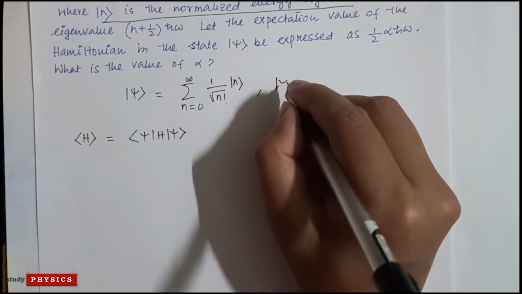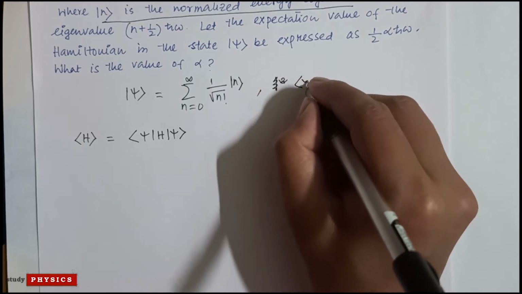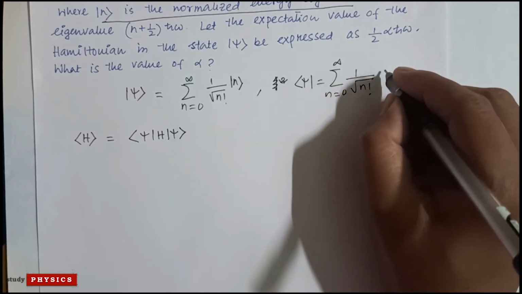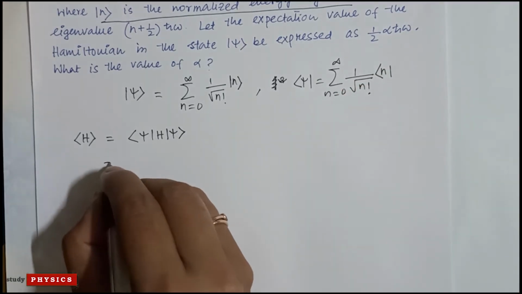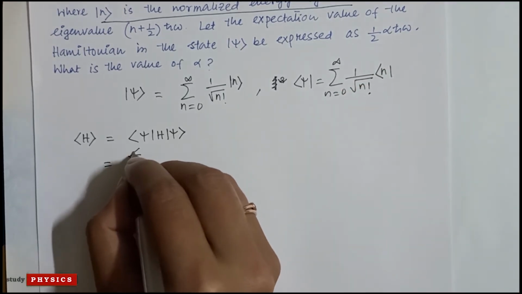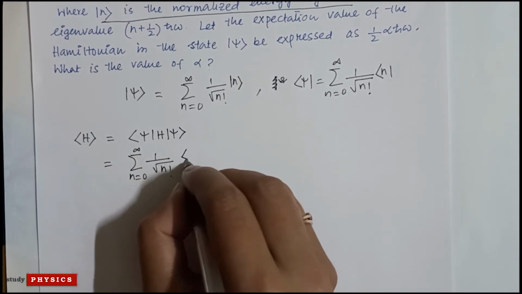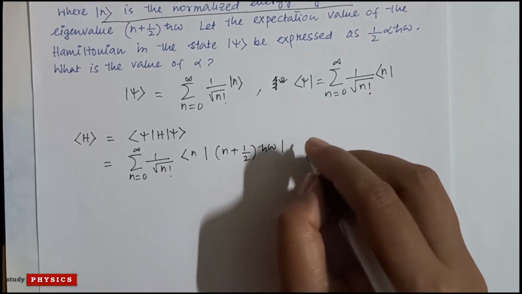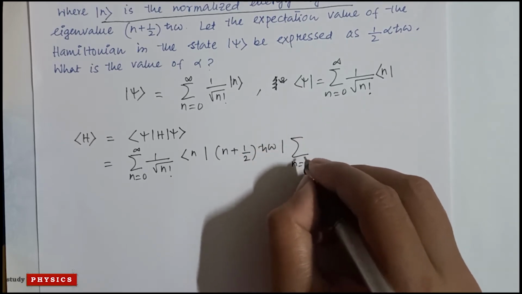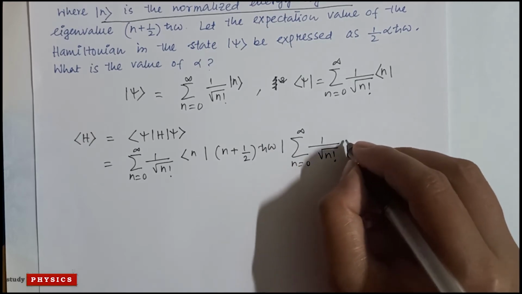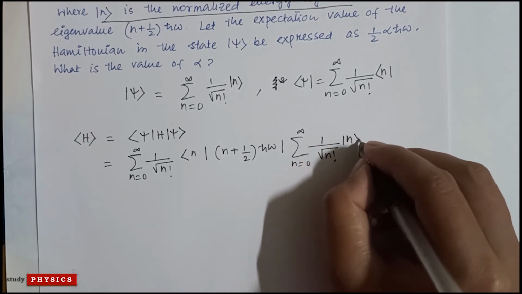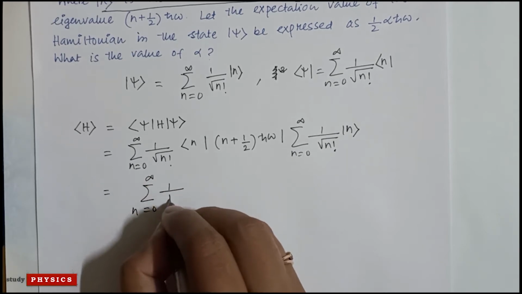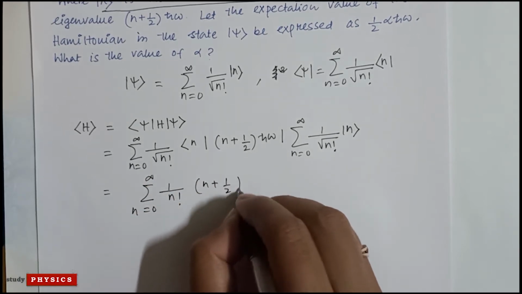So here, the summation of n equal to 0 to infinity of 1 divided by root over n factorial, n, times n plus half h cut omega, times the summation of 1 divided by root over n factorial, n.